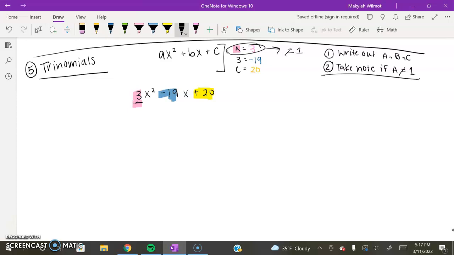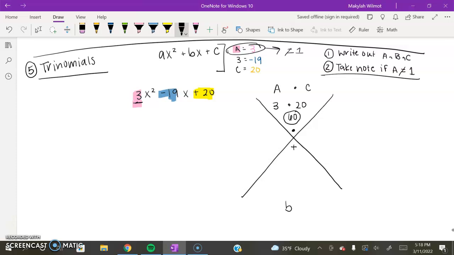First, in the video I watched, he wrote an X, and I think it helped. You're going to write A times C, and a B down here. So A times C, 3 times 20, equals 60.